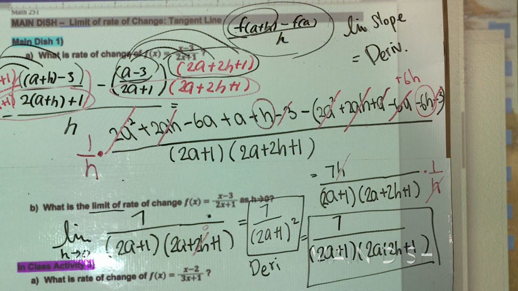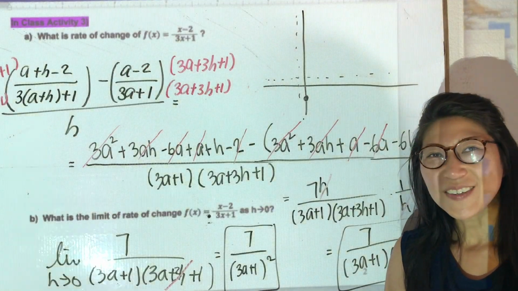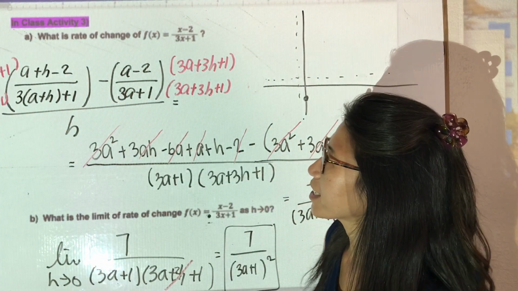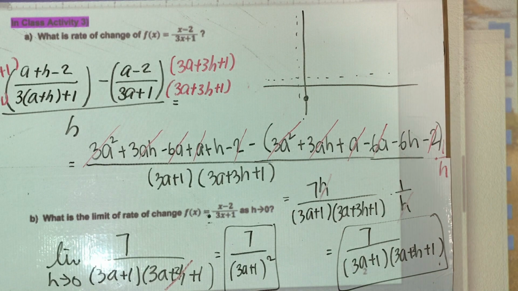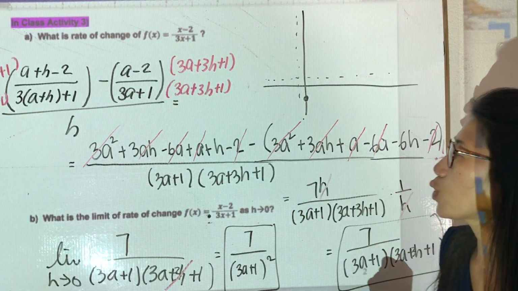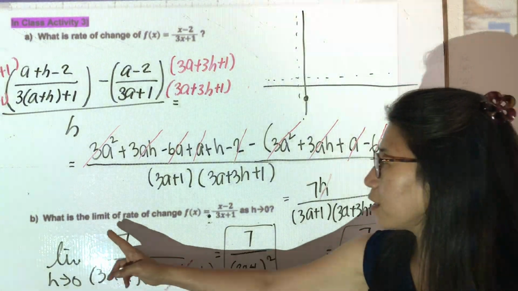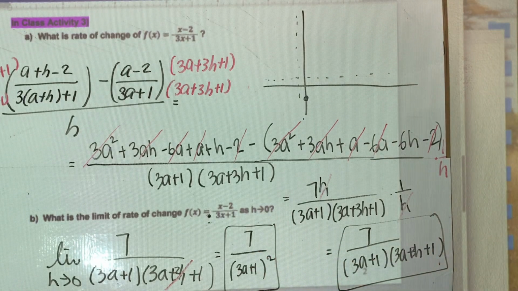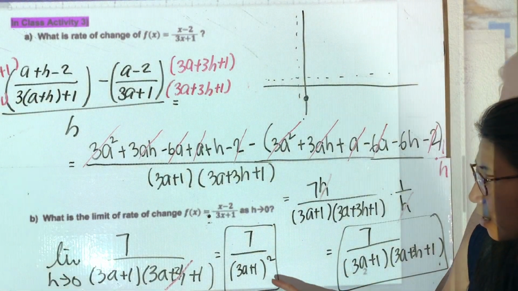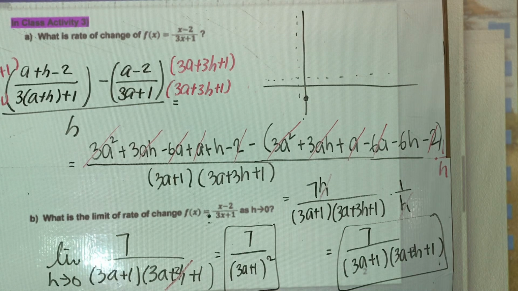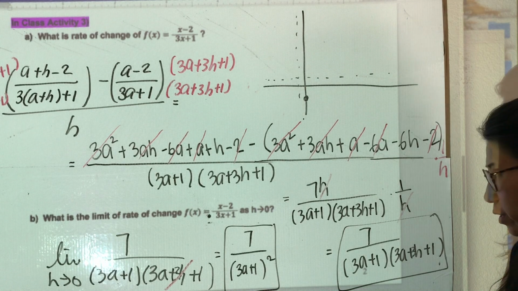So let's check the answer for in-class activity 3. When I take the rate of change, I got the answer 7 over the denominator. And after I take the limit as h goes to 0, then I got the answer 7 over 3a plus 1 completely squared.